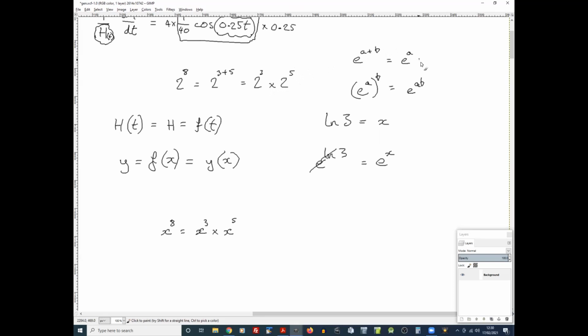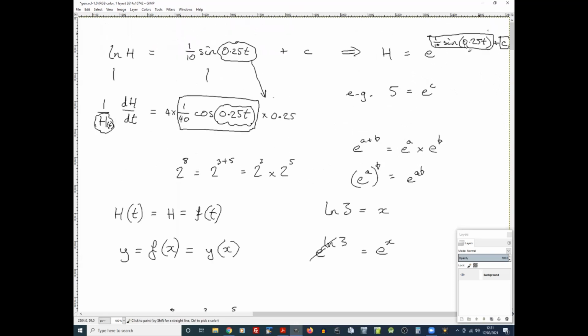And what we wanted here was times e to the b. And therefore what we want here is e to the 10th sine 0.25t times e to the c. Yes.